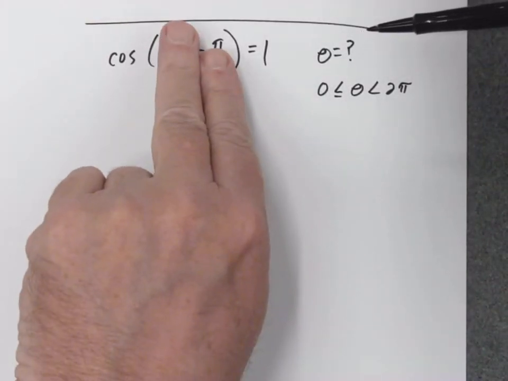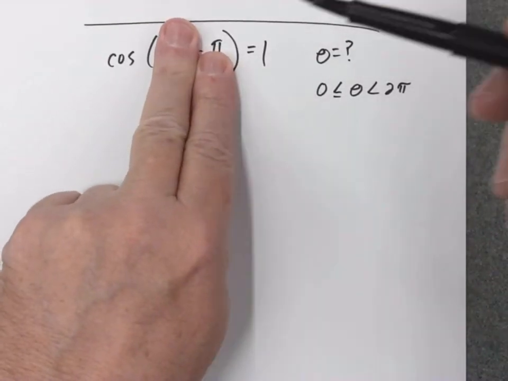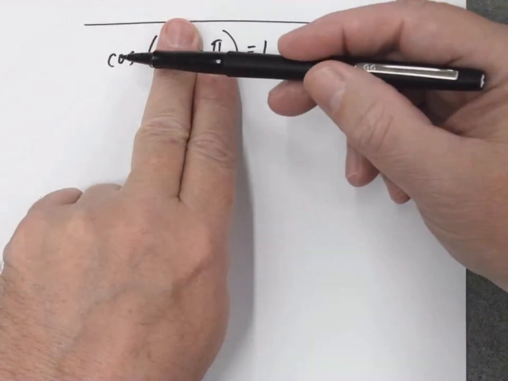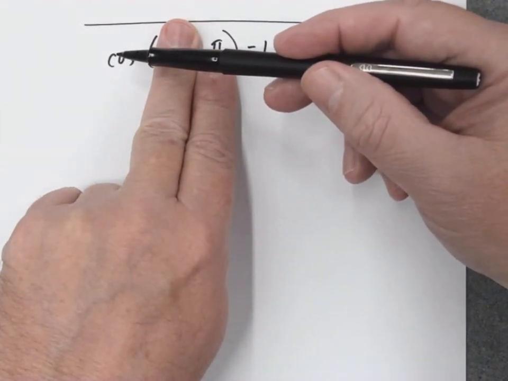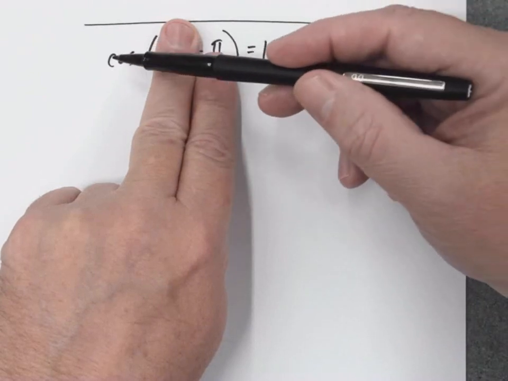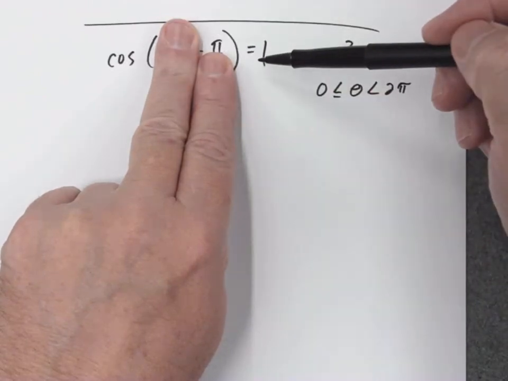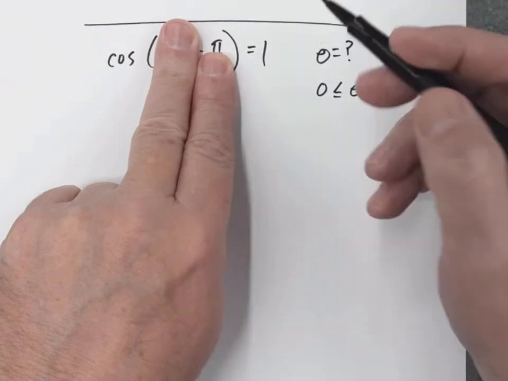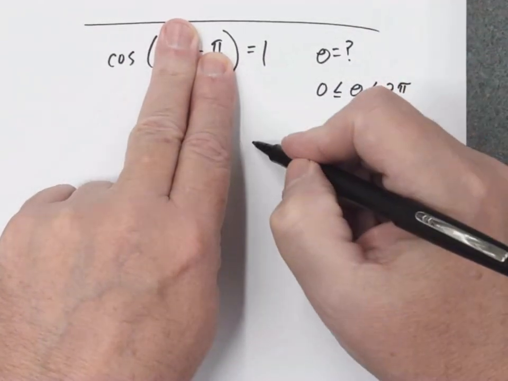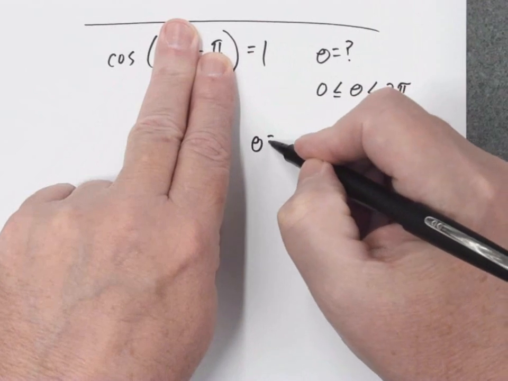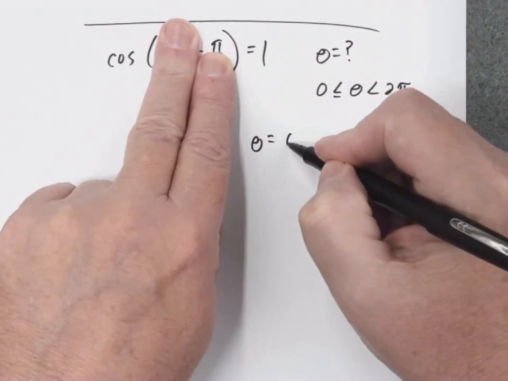I ignore initially what's inside and ask myself, looking at the unit circle, what's the angle where the cosine is 1? Well, the cosine is 1 at the angle of 0.